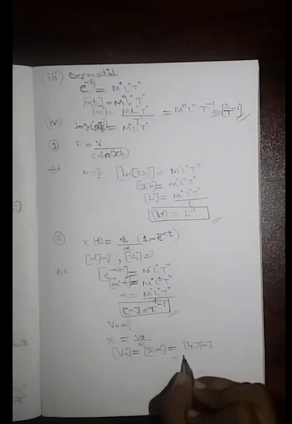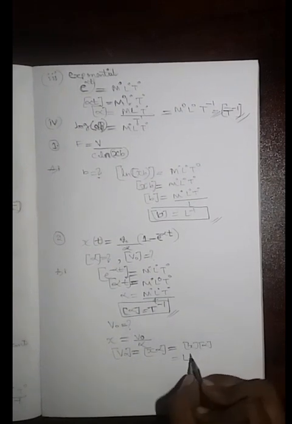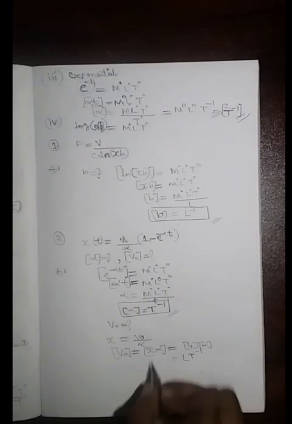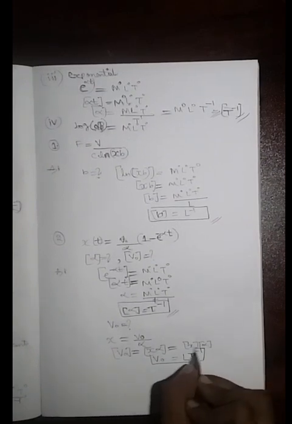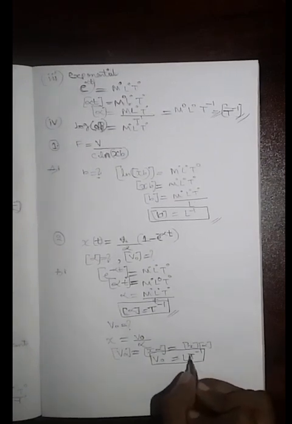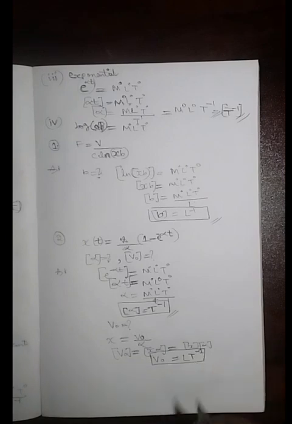We know x is the distance, that is L, and alpha is T power minus 1. So the dimensional equation of v naught would be L T power minus 1, which is the same as the dimensional equation of velocity. We will take up the next topic in the next session. Thanks for watching.